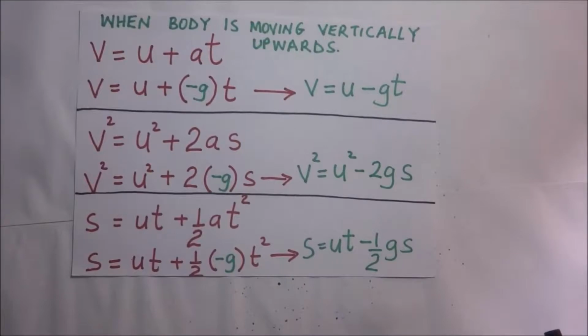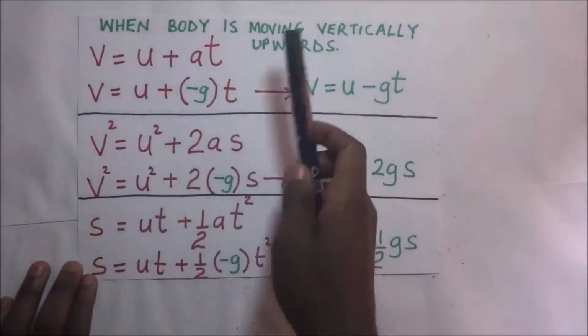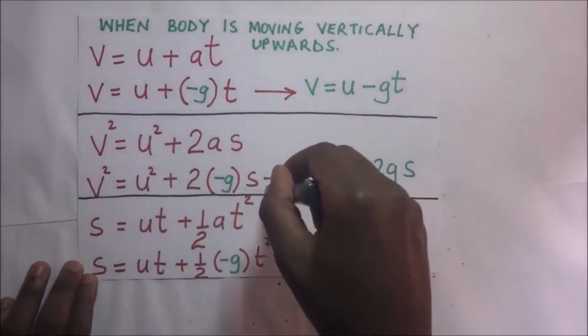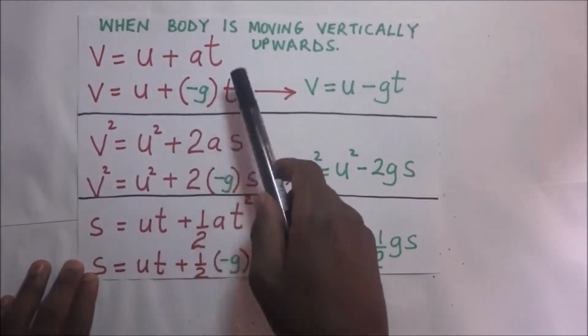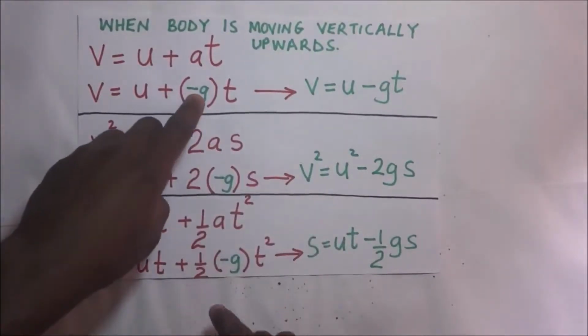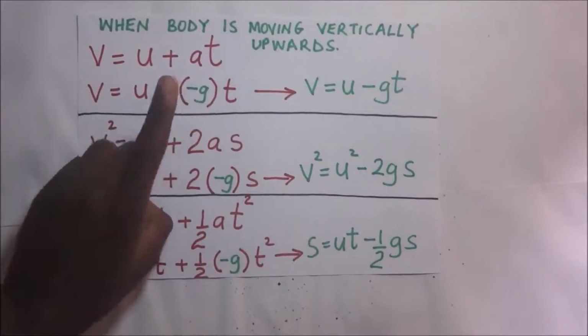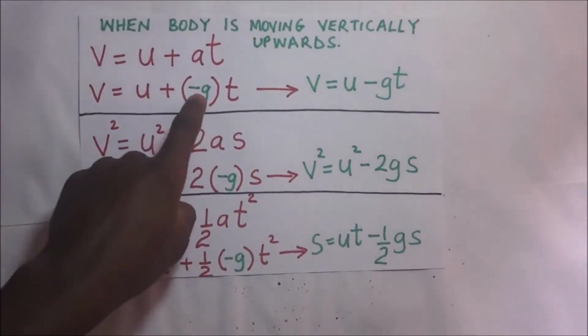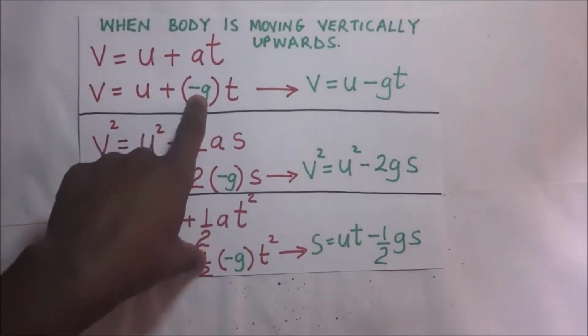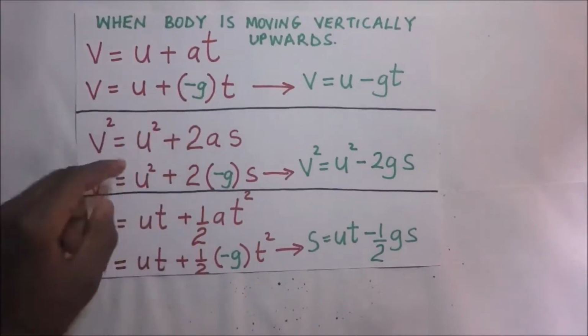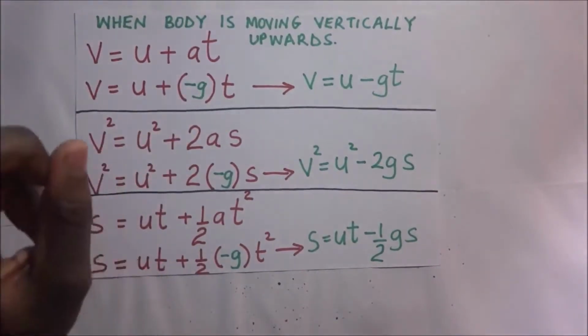So when you throw a body vertically upwards, away from the earth, its acceleration due to gravity will be negative g. Why? Because as you're throwing it upwards, it is decelerating. Its rate of change of velocity is reducing as it's going up.